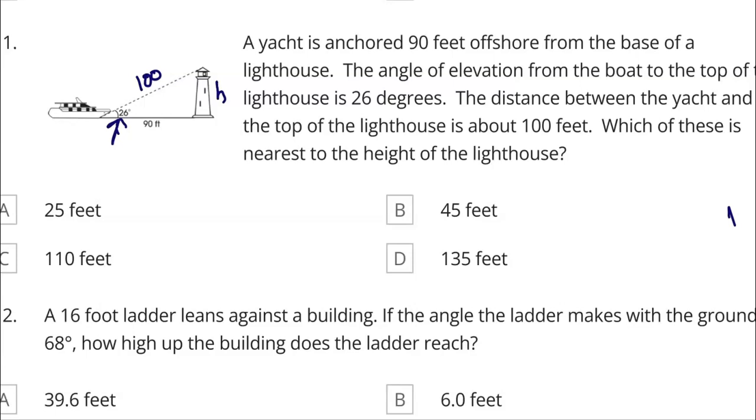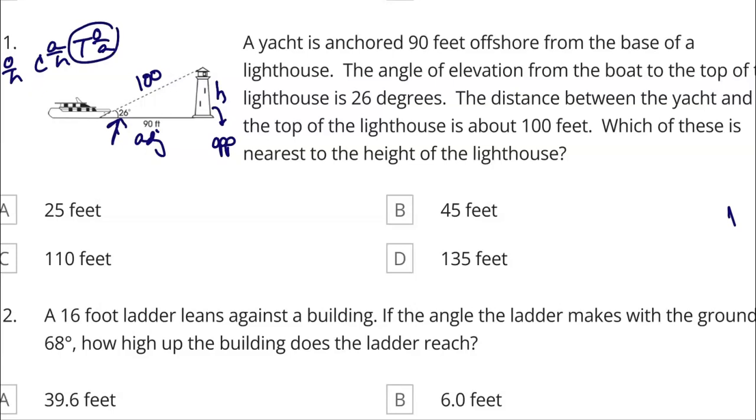The height of the lighthouse is, I put the letter H, but that H does not stand for hypotenuse, right? This is the opposite side. This is the adjacent. So SOHCAHTOA tells us if we have opposite and adjacent, and that's what I want to use here, I'm going to use tan.